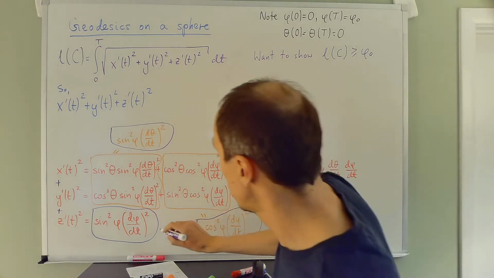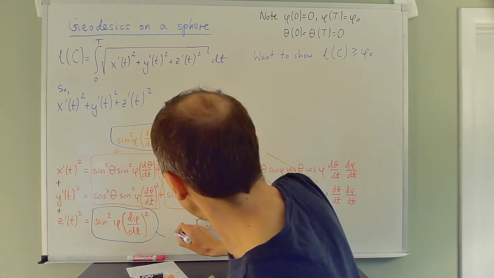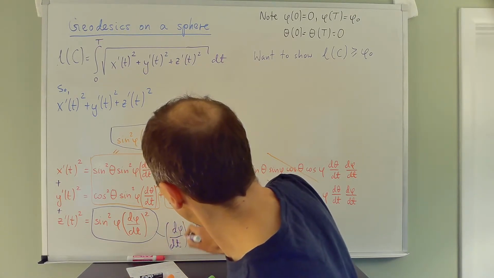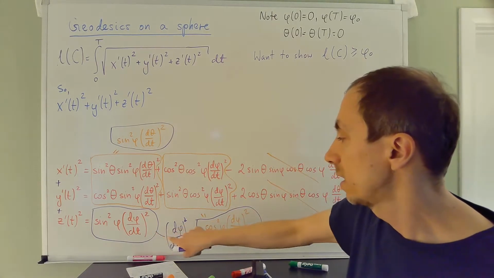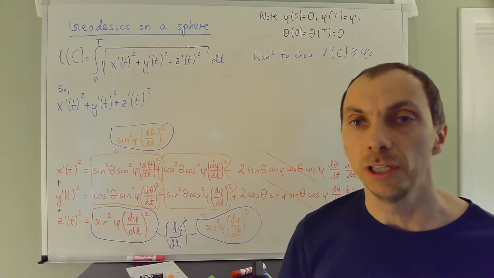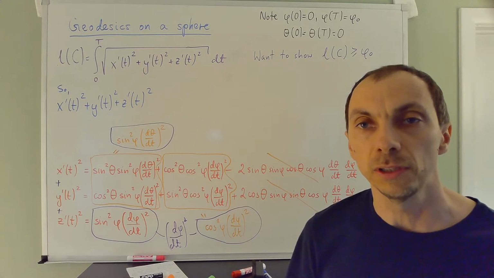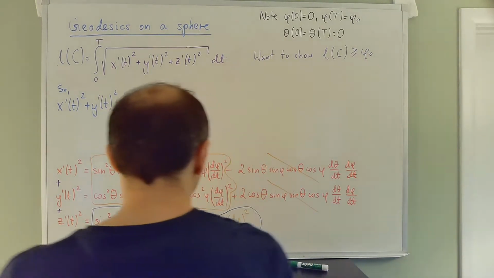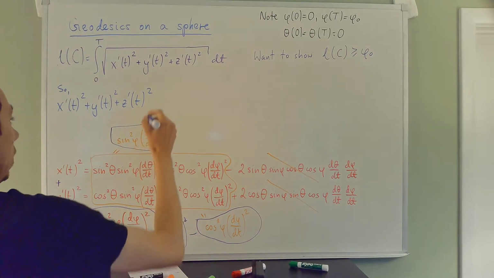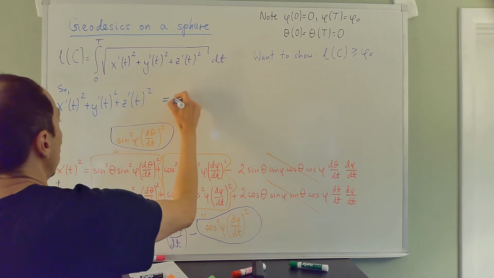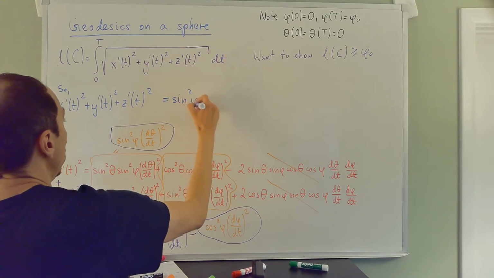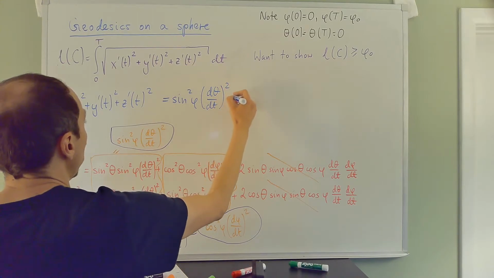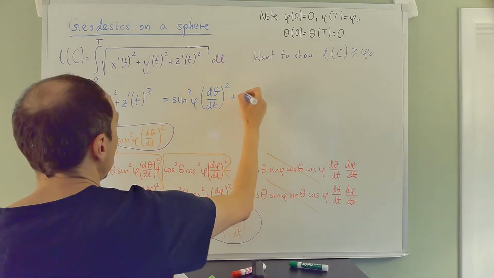So these two terms together just give me d phi over dt squared, because that's d phi over dt squared times, in parentheses, sine squared phi plus cosine squared phi. So altogether, I get that this is just sine squared phi d theta over dt squared plus d phi over dt squared.